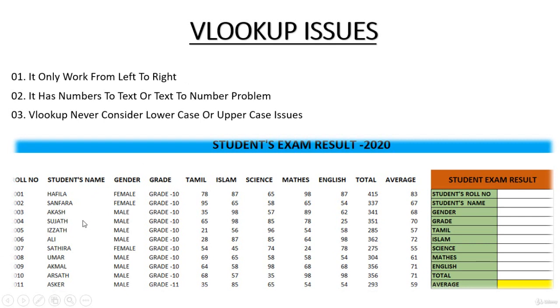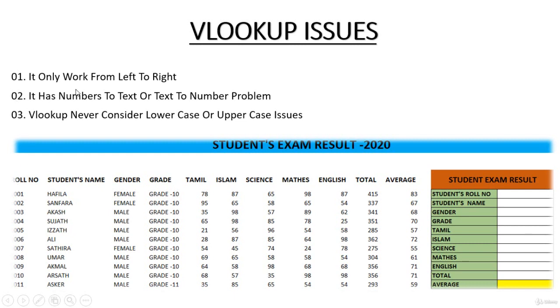If you use the lookup value student name, it means we are going to search based on the student name, right? So student name is the lookup value, and it will work left to right. It means you can retrieve the data gender, grade, Tamil, Islam, science, maths, English, total, average, but you can't get roll number because it will not work right to left. That is the first issue.